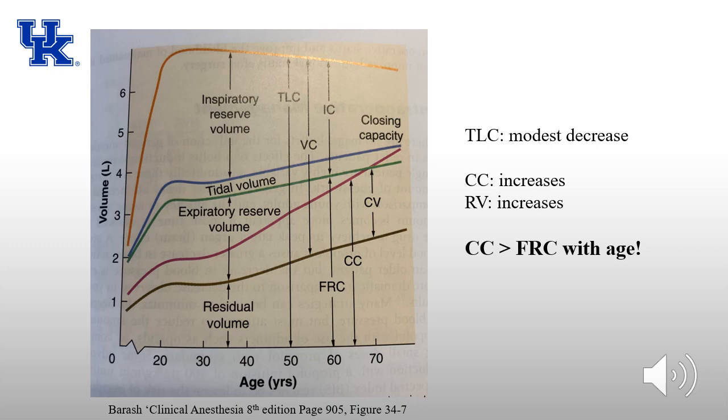Your residual volume increases with age. So around 70, here's your tidal volume, here's your closing capacity. That exceeds your tidal volume as you get older above 70. Your FRC is exceeded even earlier. So keep that in mind, that they are prone to airway collapse and therefore hypoxemia.